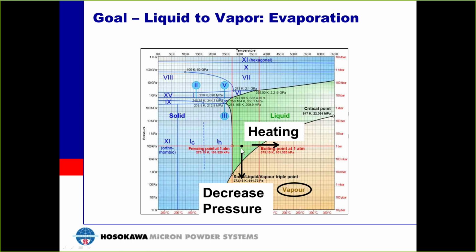You can also decrease the pressure, and by decreasing the pressure, you're going to reach the point where you can boil the liquid at whatever temperature it is at. So if you start at room temperature and you reduce the pressure, eventually you'll get to the point where at room temperature that liquid will boil and you will obtain your vapor.